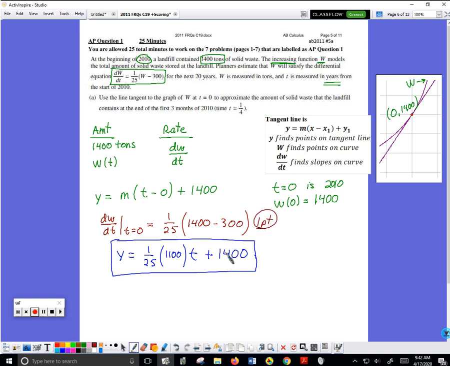You then find this equation, then you are supposed to use that equation to approximate the amount of solid waste that the landfill contains at the end of the first 3 months, or where t is equal to 1/4. So what you write on your paper is W of time equal 1/4 is approximately 1100 over 25, T is 1/4, plus 1400.